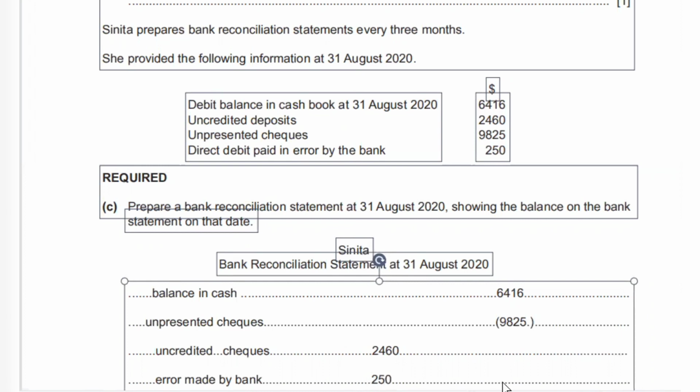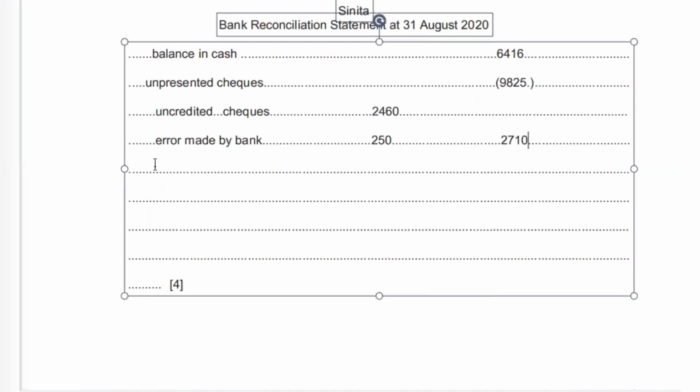So we'll add 2710. 2460 plus 250 equals 2710. So we'll add 2710 to 6416 and deduct 98,825. So it will give us balance as per bank statement of 1353.